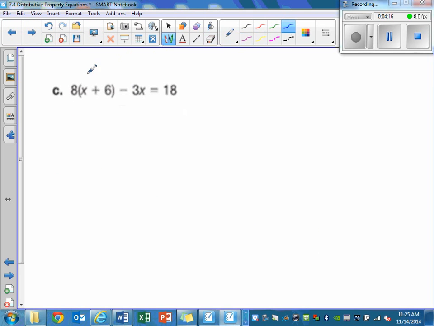The first thing I need to do is use the distributive property. So 8 times x is 8x plus 8 times 6, which is 48. Then I have minus 3x equals 18.